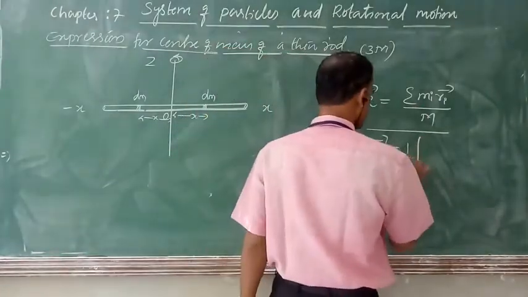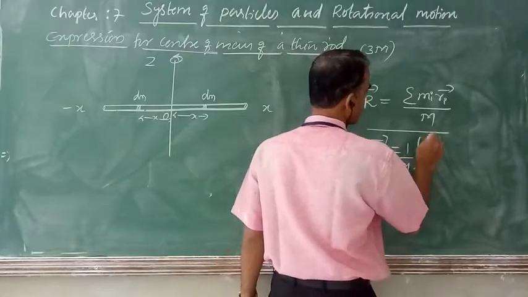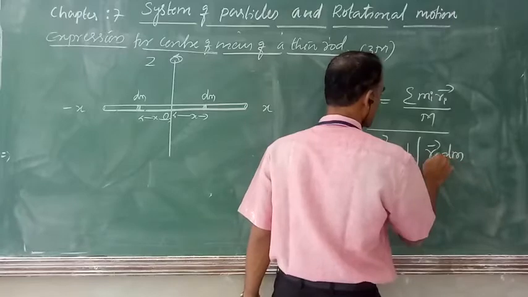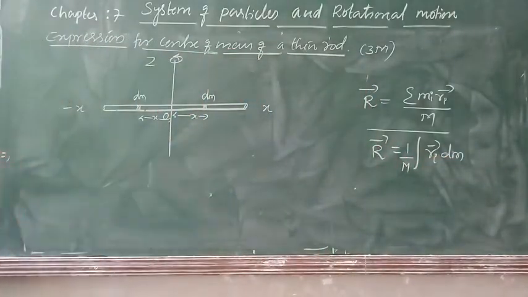So 1 by M into integration of vector R dm, or Ri dm.